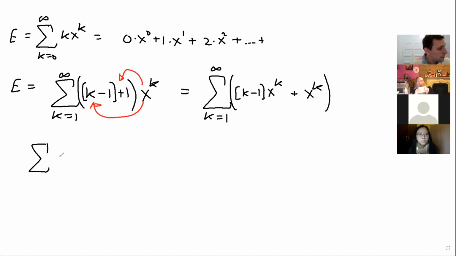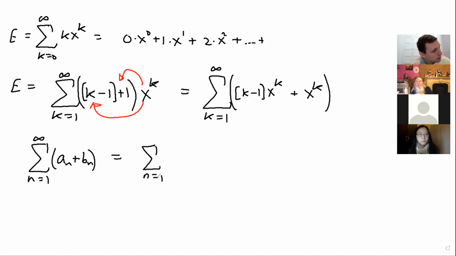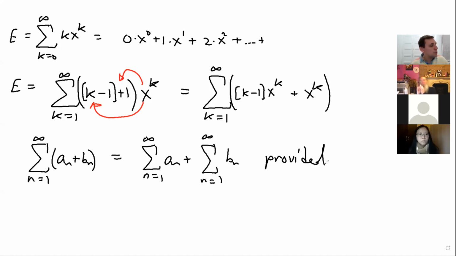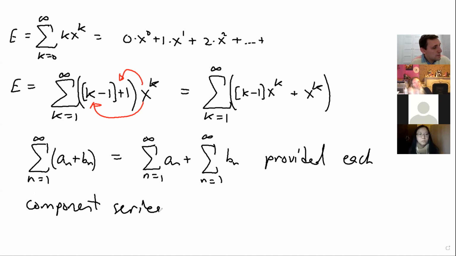If you have the sum of an plus bn, that's the same thing as the sum from n equal 1 to infinity of an plus the sum from n equal 1 to infinity of bn, provided each component series converges.